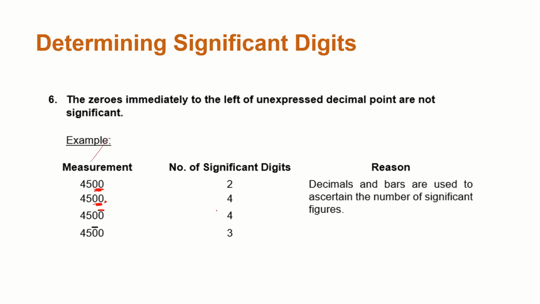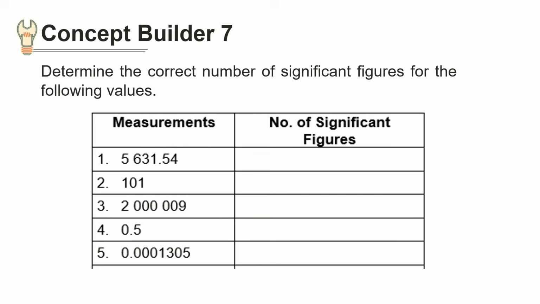So, dito, 4 significant digits kasi andito yung bar. So, dito naman, 3 significant digits kasi yung bar natin ay andito lang sa 0 na to. So, this is significant, significant, significant. This is significant, significant, and also this one. So, dito, lahat to significant. Ito lang ang significant. So, decimals and bars are used to ascertain the number of significant figures.